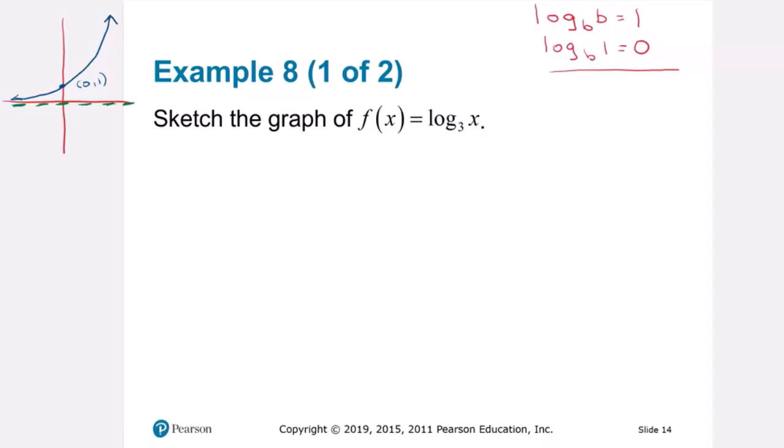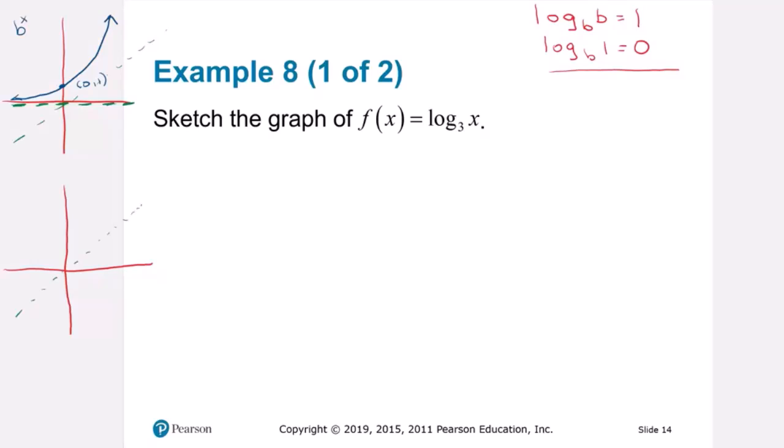This is my exponential function. This is b to the x. My log function, if you remember what inverse functions do, is they reflect around this y equal x line. Let's put a y equal x line here.